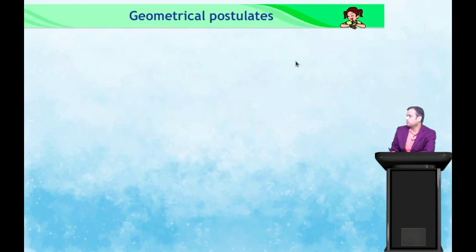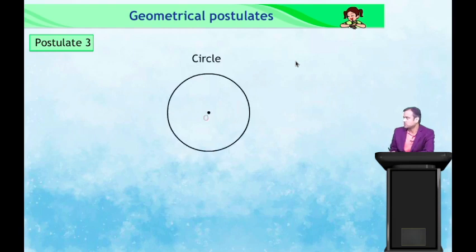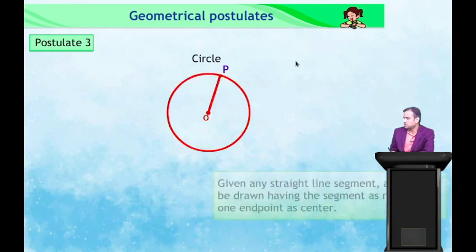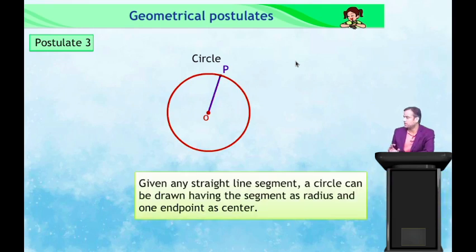So what are the geometrical postulates? Another postulate is the circle. You can see that there is a circle, this is called the center, and this is a radius. So we can draw a circle with one center and one radius. If you are given any straight line segment, a circle can be drawn having the segment as radius and one endpoint as center.